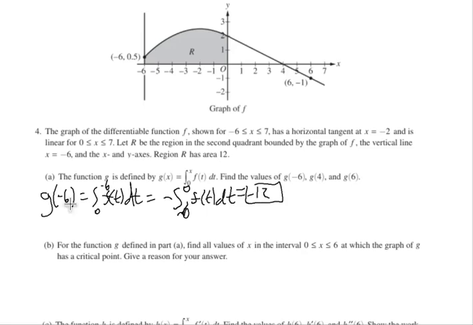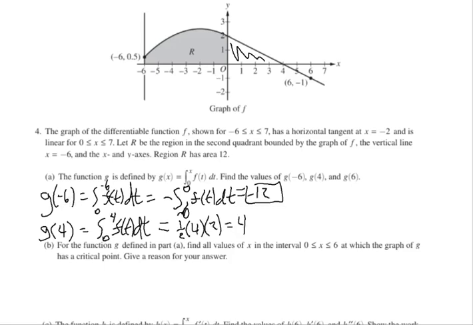So that's that one. G of 4 is going to be the integral from 0 to 4 of f of t dt, which is equal to the area of this triangle right here, 1/2 times 4 times 2, which is 4. And then the last one, g of 6, is equal to the integral from 0 to 6 of f of t dt.